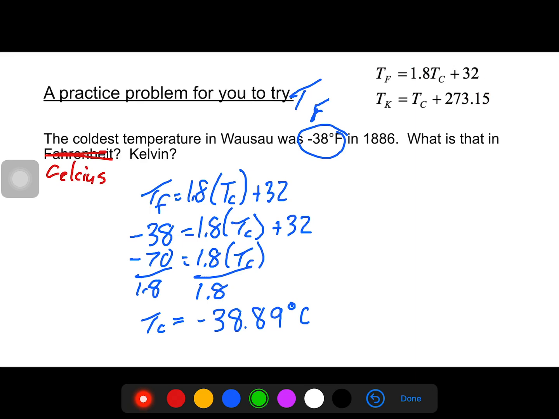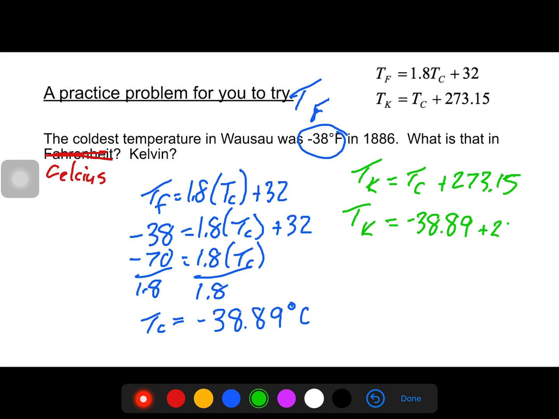So now that we know what my temperature in Celsius is, my temperature in Kelvin is equal to TC plus 273.15. My temperature in Kelvin is equal to negative 38.8888 and so on, right? Keep as many decimals as we can here, and do as little rounding as possible.